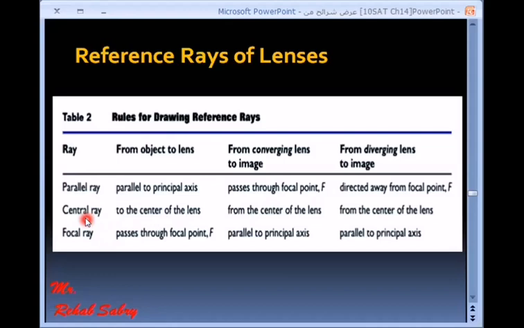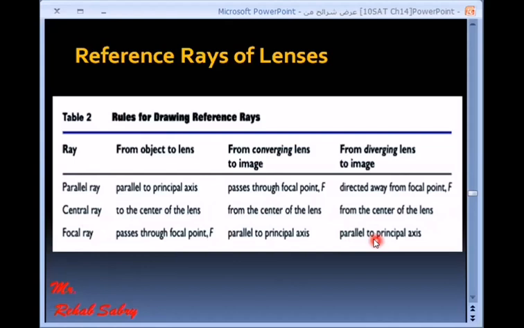Central ray means the ray that's passing through the optical center, it will go straight in both cases. A focal ray, which is passing through the focus, will go parallel to the principal axis, and in the diverging lens, it will also go parallel to the principal axis.